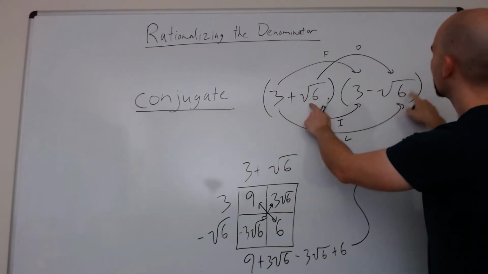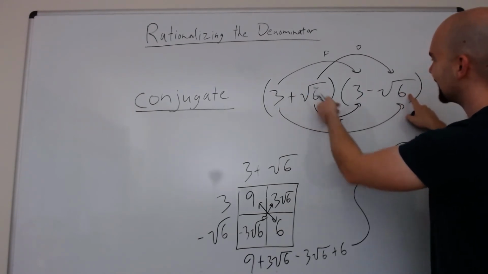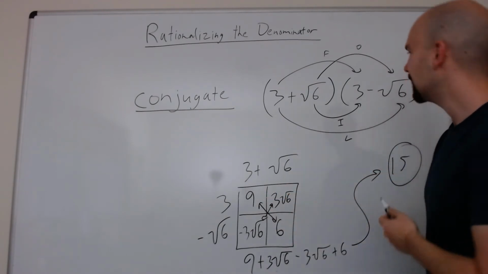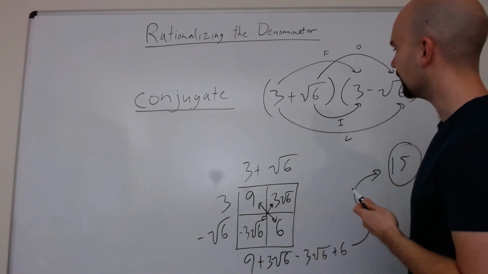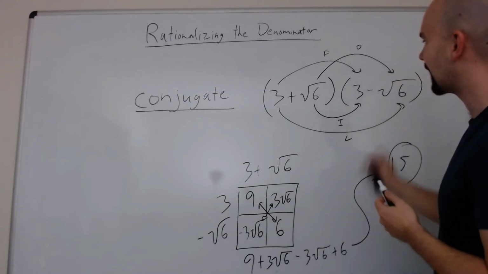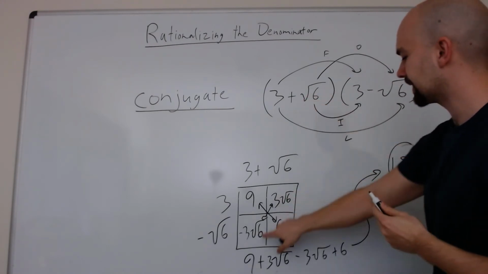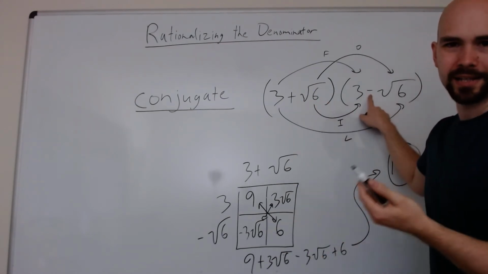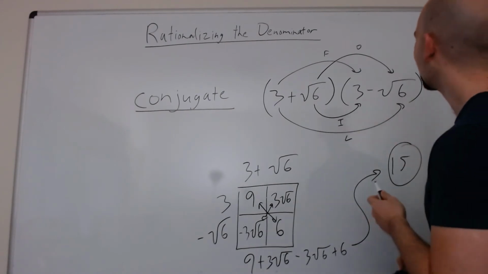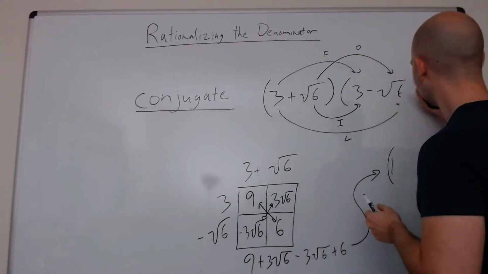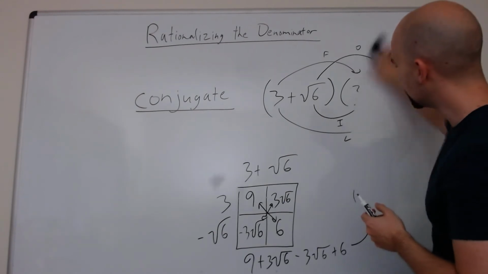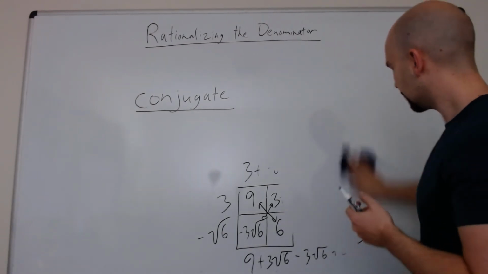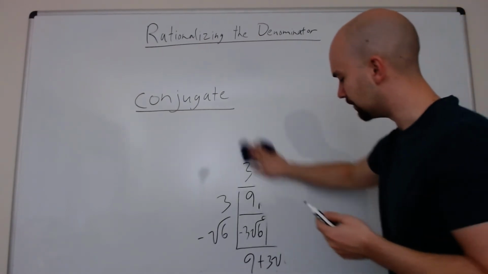But then if you square a square root, that's a whole number: square root of 6 times square root of 6. So first and last become whole numbers. And then the middle ones produce irrational numbers, a 3 square roots of 6 and a negative 3 square roots of 6. But because of this plus and minus, they're going to cancel each other out, leaving only the whole numbers. So that's the beauty of conjugates. You can use them to obliviate your irrational numbers that you don't want in your problem.